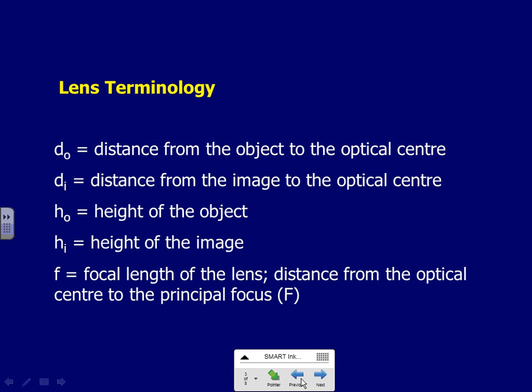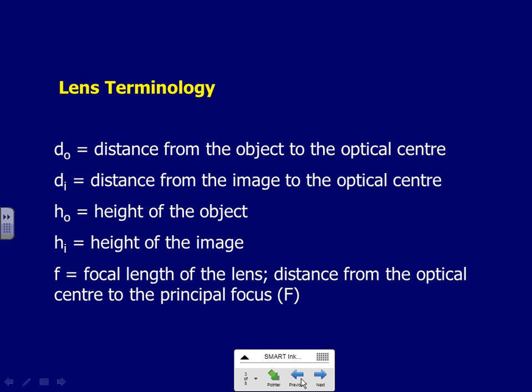Some other important things that go with this. If DI is positive, okay? And in actual fact, I can put that on my picture over here. This is positive DI land.